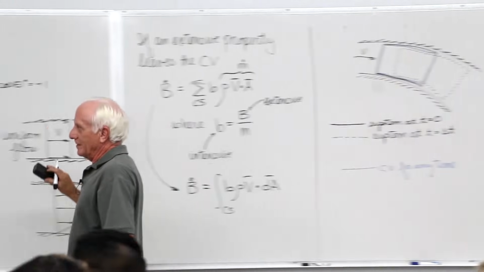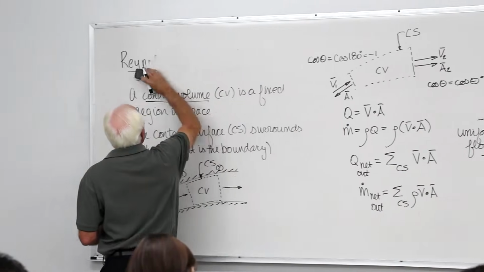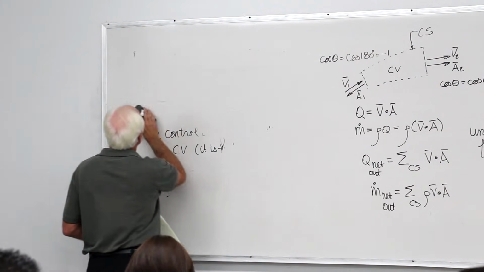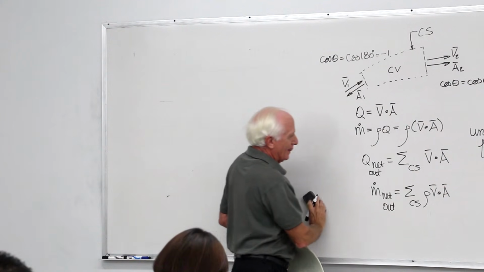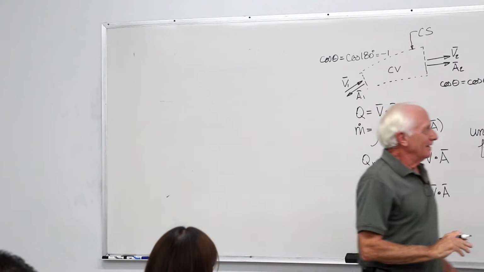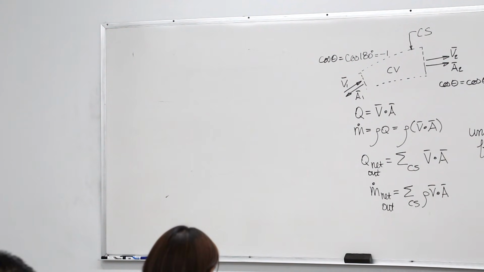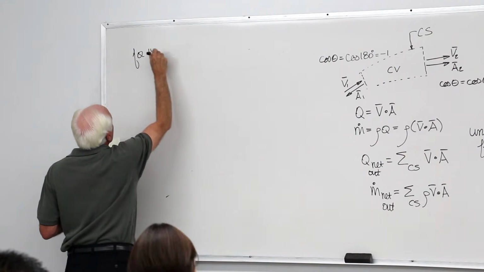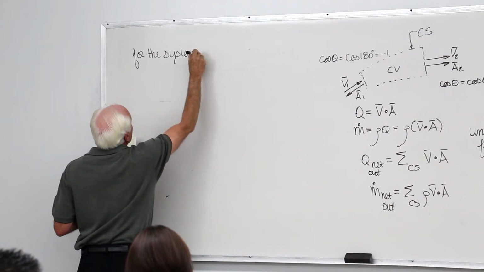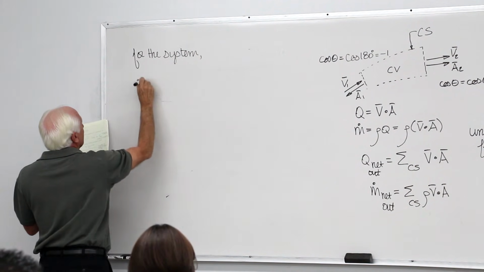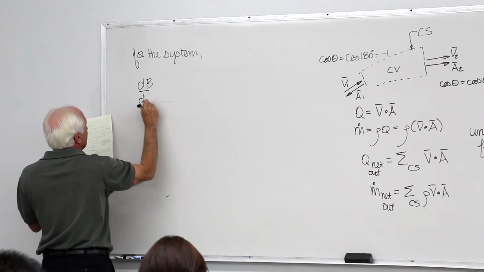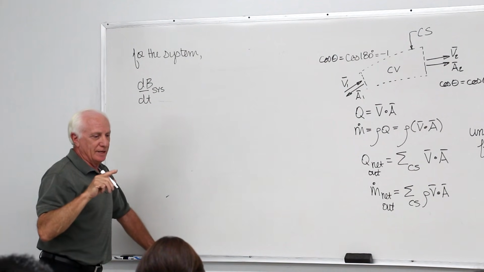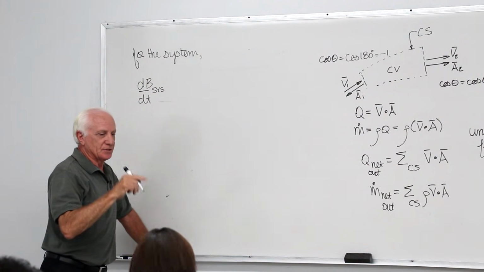Now we'll go back over here. Next step for the system: dB/dt in the system. How does the amount of B change with respect to time in the system?